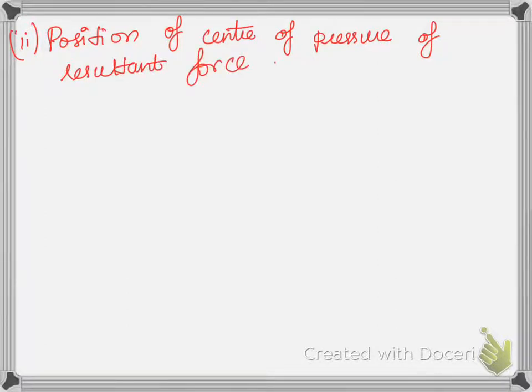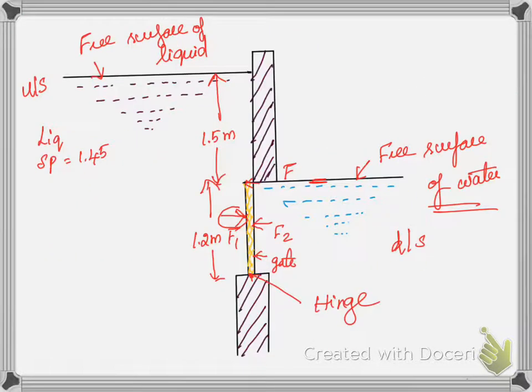Okay. So actually if you see, the force F1 will be acting at a depth of H1 star from the free surface of the liquid, and force F2 will be acting at a depth of H2 star from the free surface of water. So there are two different free surfaces.